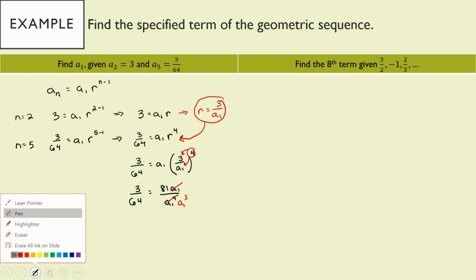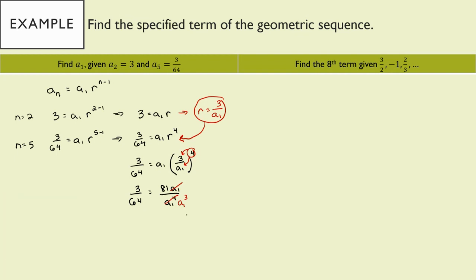So we're trying to find A1. I can cross multiply here, because 3 over 64 equals 81 over A1 to the 3rd, and this is a proportion. So I multiply one diagonal, 3 times A1 cubed, and the other diagonal, 64 times 81.